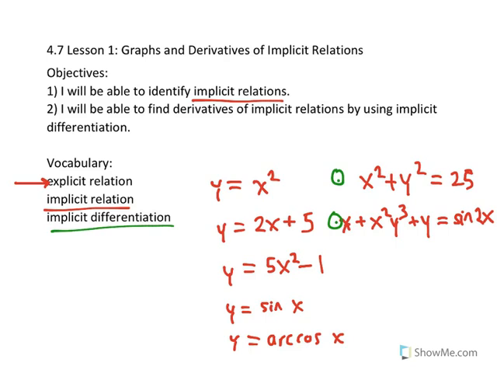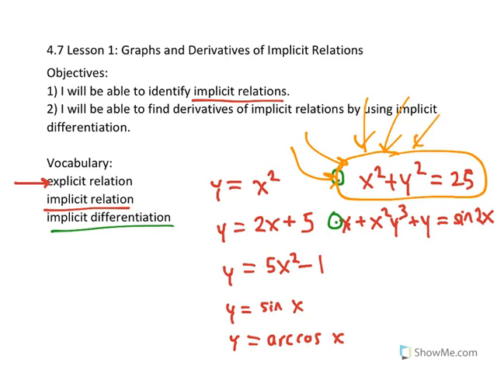We will begin by considering an implicit relation such as the one that we wrote first. There are some implicit relations for which you can isolate y and rewrite it as either one or perhaps more than one explicit relation. For example, here I can isolate y, and y would be either the positive or the negative square root of an expression. So I can rewrite this implicit relation as two explicit relations, and for each explicit relation, I can figure out y prime.